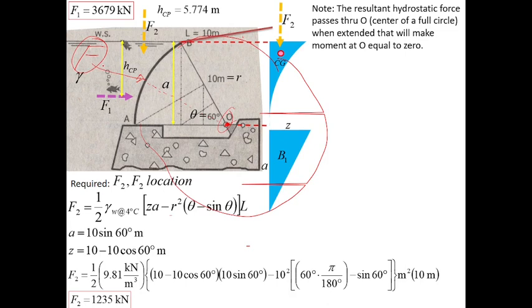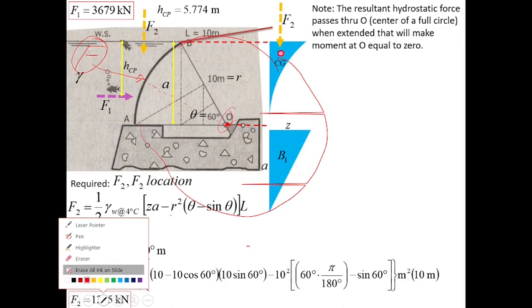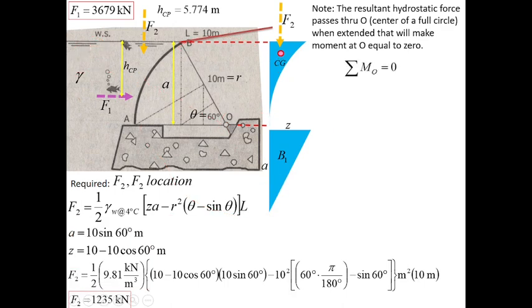Ang moment ng isang force na dumadaan sa point na imo-moment, with respect to the reference ay 0. Naaral nyo yan sa engineering mechanics, so no need to elaborate. Therefore, summation moment at O equal to 0.